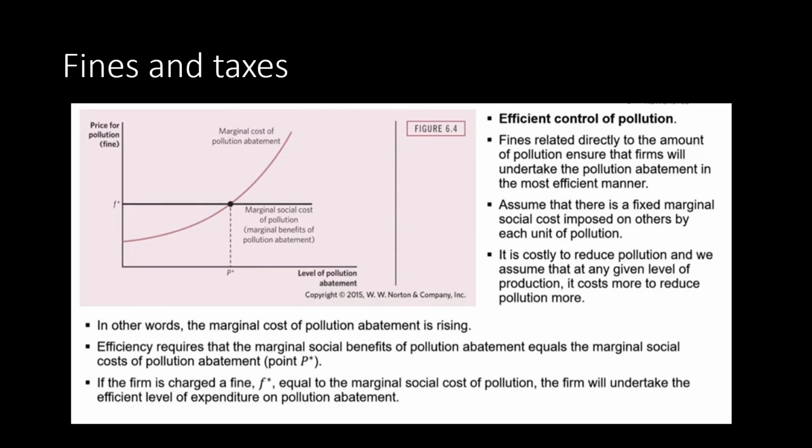Efficiency requires that the marginal social benefit of pollution abatement equals the marginal social cost of pollution abatement. That's point B star. If the firm is charged a fine F star equal to the marginal social cost of pollution, the firm will undertake the efficient level of expenditure on pollution abatement.